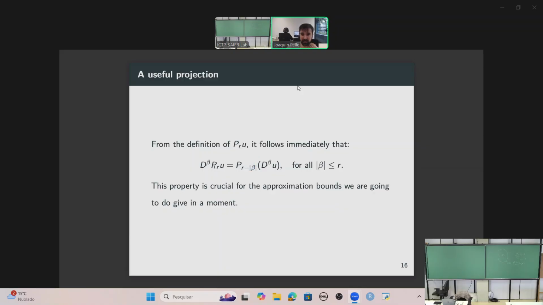It is easy to see that these two things match because they are both polynomials, right? They both live on the finite dimensional polynomial space because we are projecting here, and derivation is closed in the polynomials.